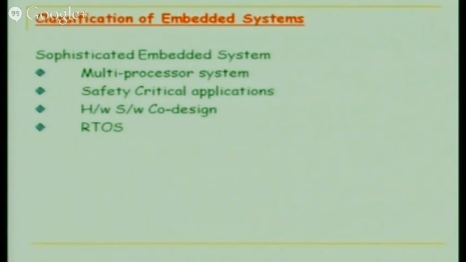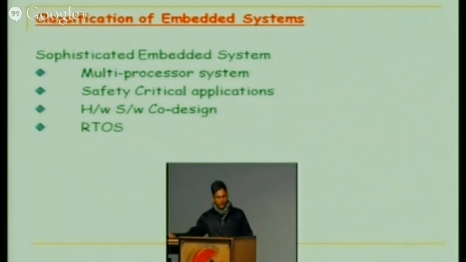Then in sophisticated embedded systems, there are multi-processor systems, like quad-core and octa-core, and in safety-critical applications where safety is of utmost importance, like nuclear reactors and nuclear plants, you have this kind of safety requirement. So there the systems are very complex and they need to have high-end controllers.